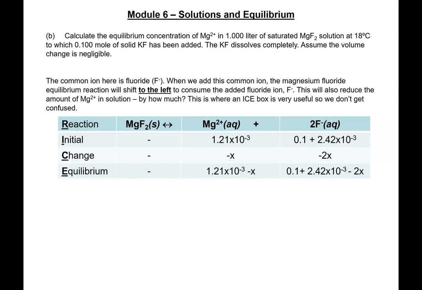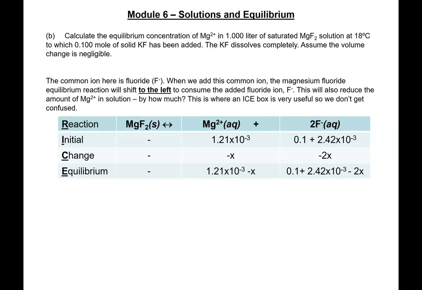What's the change? Well, magnesium is going to change by x. We don't know how much. But the fluoride, it changes by minus 2x. And the reason we put minus here instead of plus is because the equilibrium is going to be shifted back to the left.